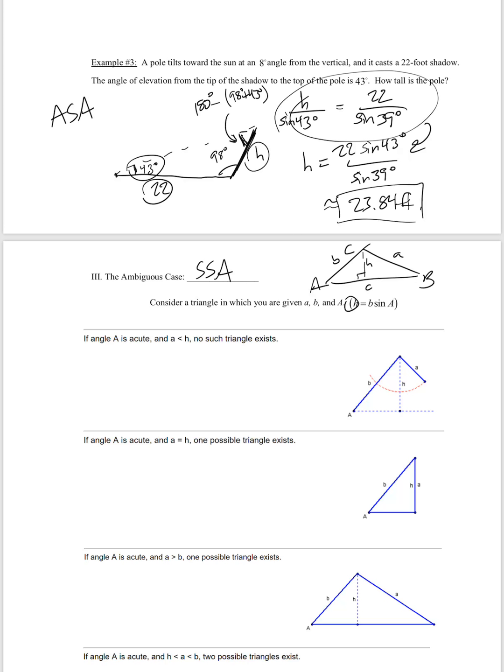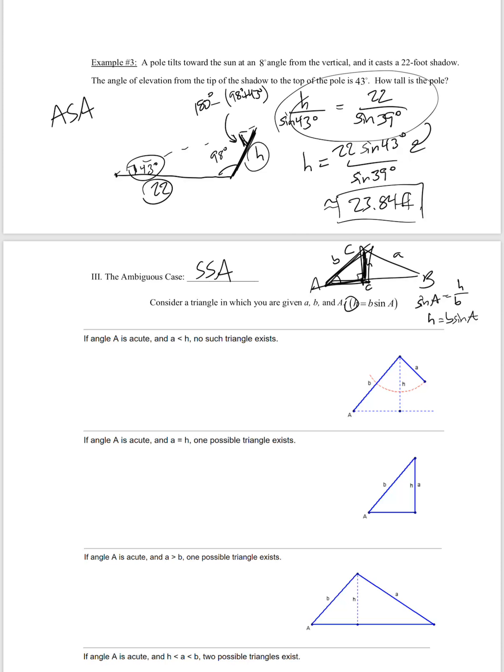This is the height, and that height right here is going to be the sine of a equals opposite, I'm looking at this triangle right here, over hypotenuse, or h equals b times the sine of a. So that's where that formula is coming from.